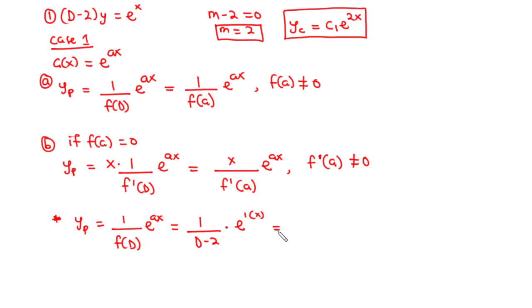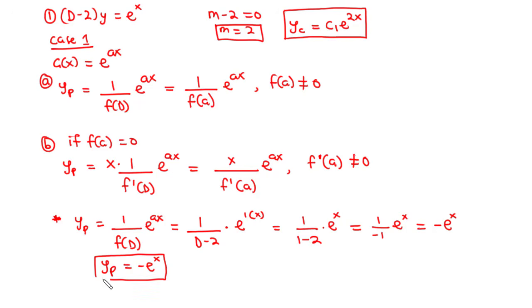So this is going to be 1 over 1 minus 2 times e to the power x, and that is equal to 1 over negative 1 times e to the power x. So finally we have negative e to the power x. So we have yp equal to negative e to the power x. This is yp, the particular integral.